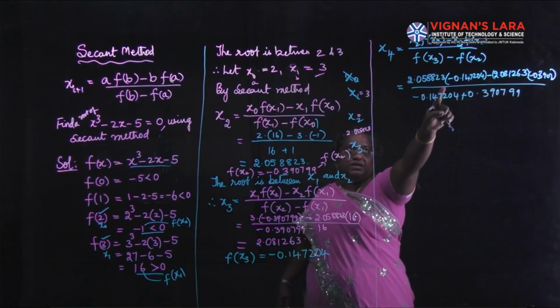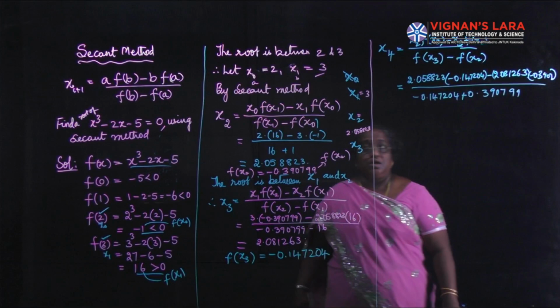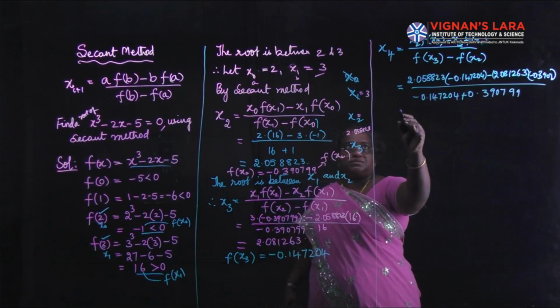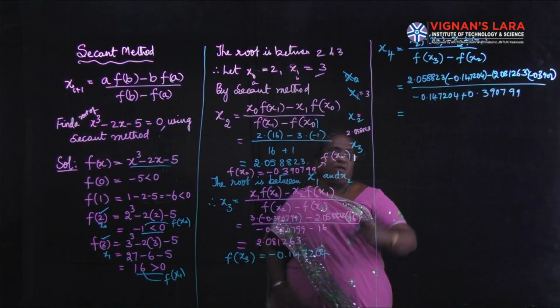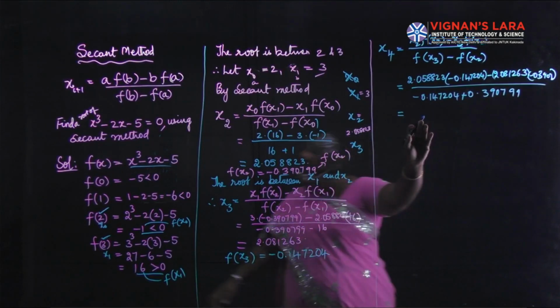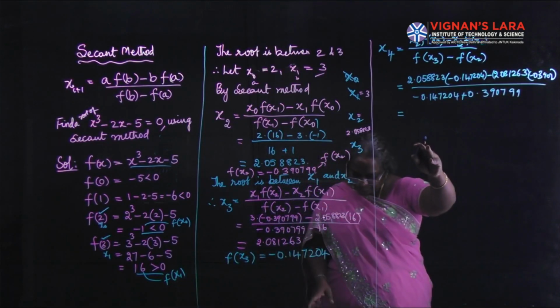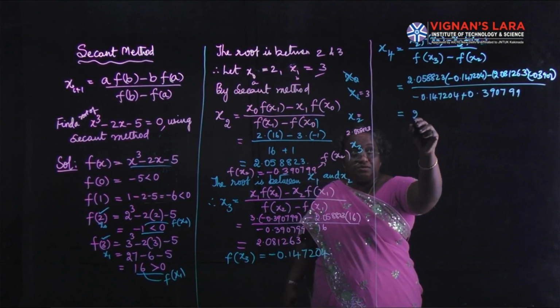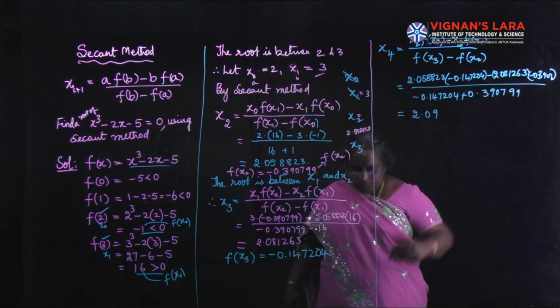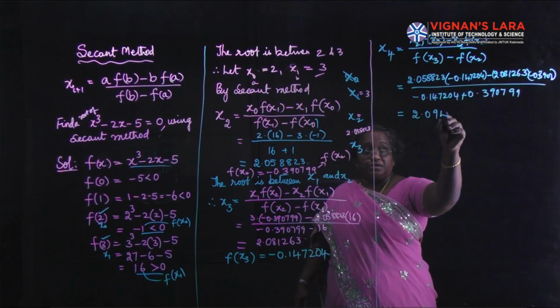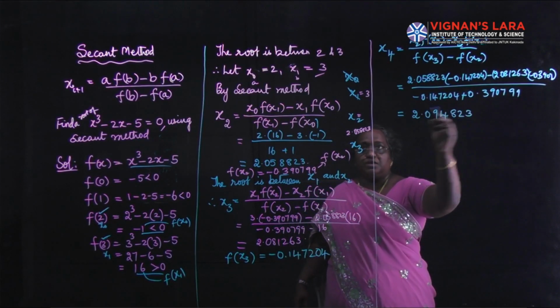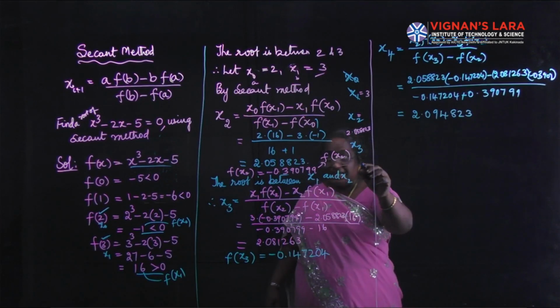Substituting these values, x4 value will be 2.094823.